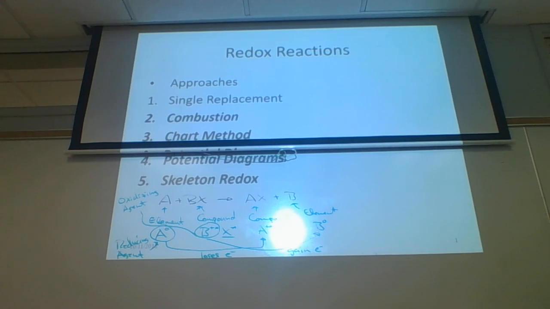So let's do this reaction here. This is like magnesium again. We'll take magnesium solid and then add some HCl, aqueous, to it. If we take magnesium solid and HCl, then this follows the A plus BX pattern.